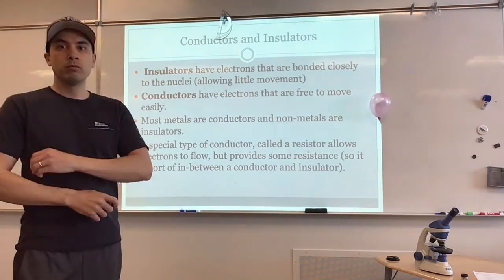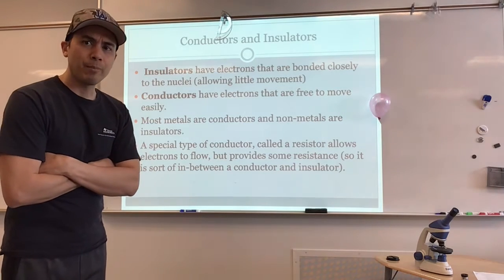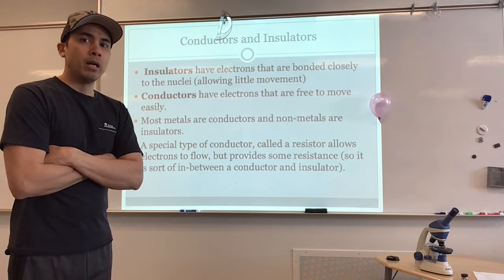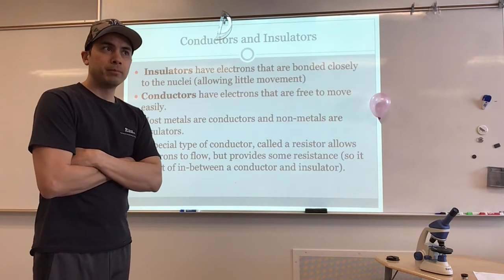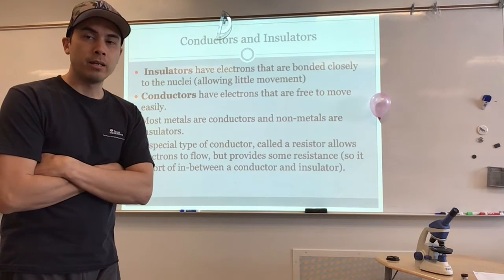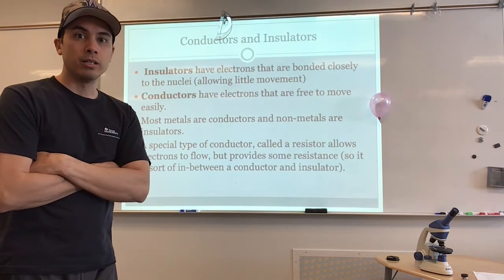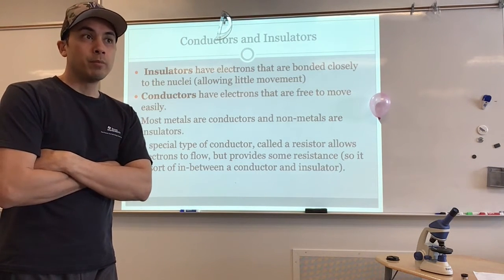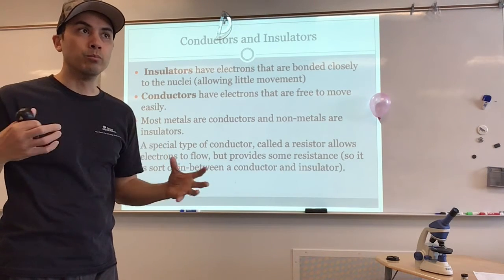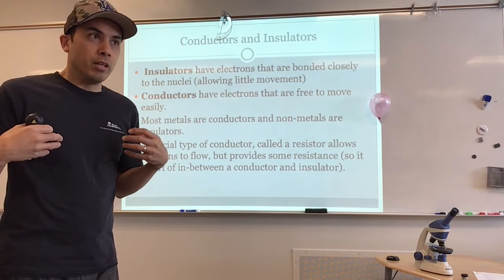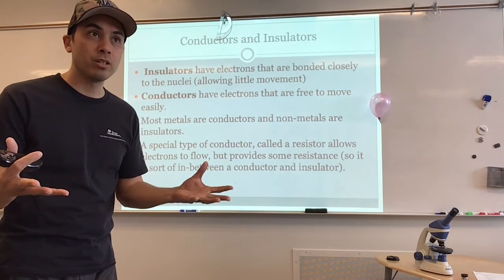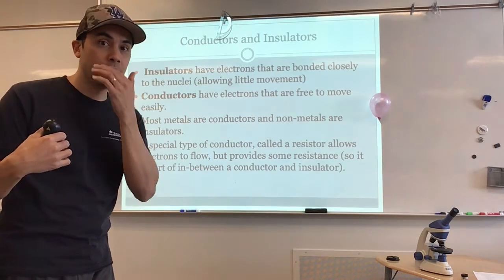Why are the electrons jumping when you're about to touch the doorknob? It comes down to this: some materials are insulators and some materials are conductors. If a material is an insulator, it's holding on to those electrons tightly. They don't move around. An insulator will not give away its electrons and will not accept them very easily.